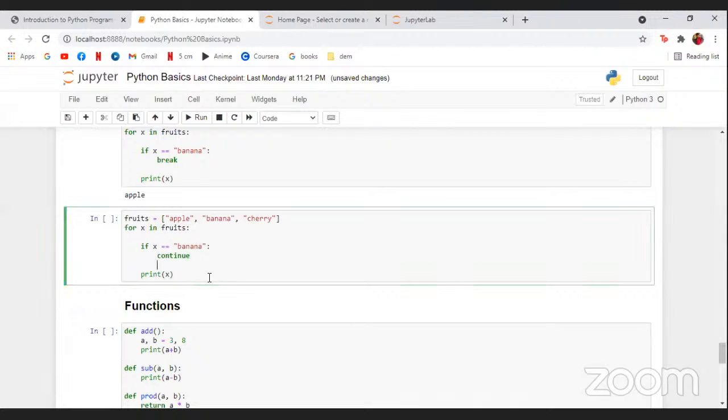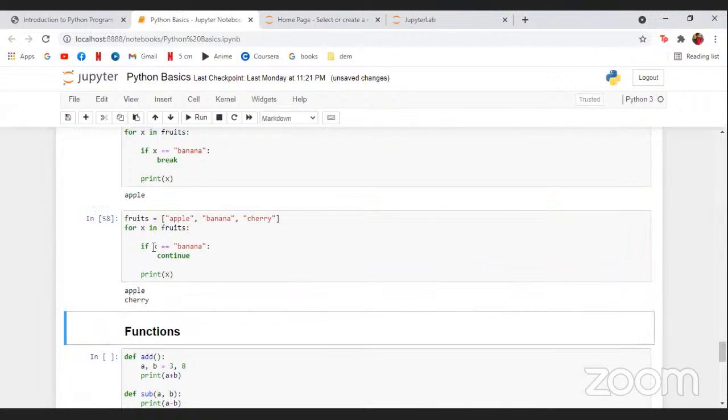But if I use continue, then it goes to apple, it prints apple. When it reaches banana, it continues, which means it stops the loop right where continue is and goes to the next iteration of the loop, which makes x cherry and it prints cherry also.